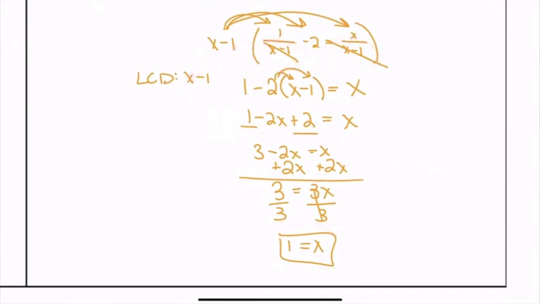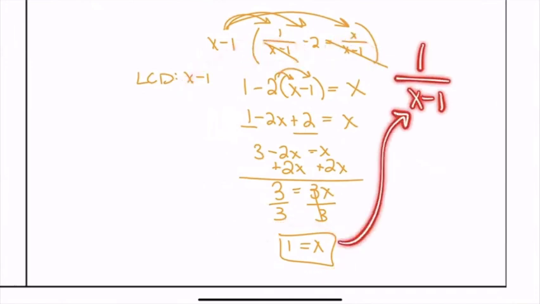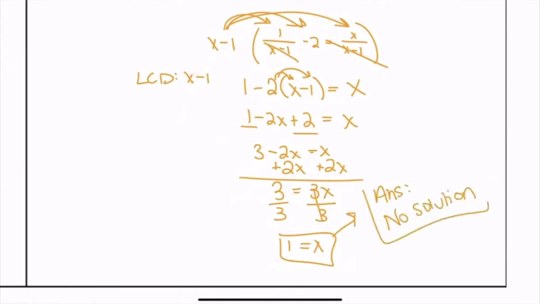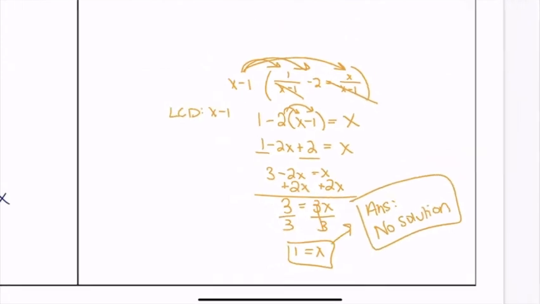If I were to plug in positive 1 there, I'd have 1 minus 1. And that would give me 0, which is not possible. So that means that this can't be our solution because it is the restricted value. So the answer is actually going to be no solution because the one that we thought was the solution was extraneous, meaning it doesn't exist. It was the wrong thing.